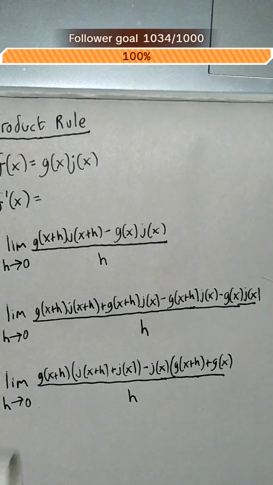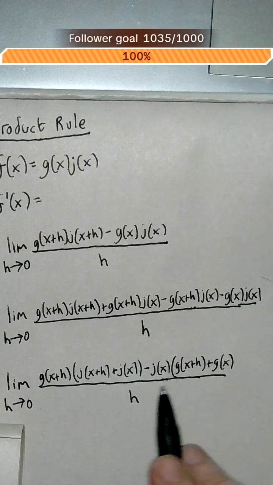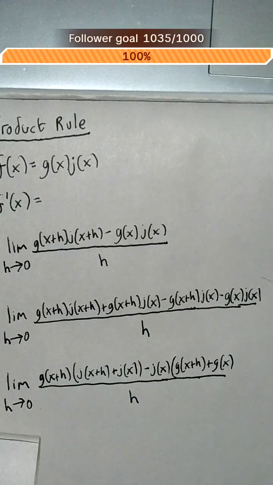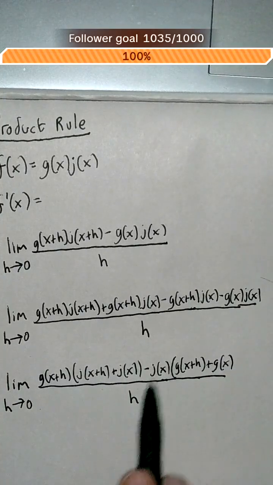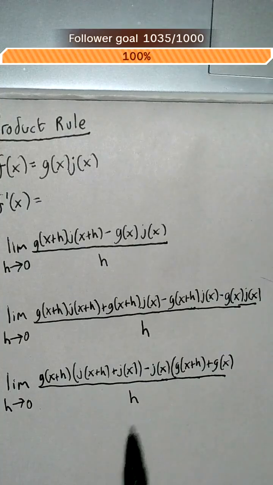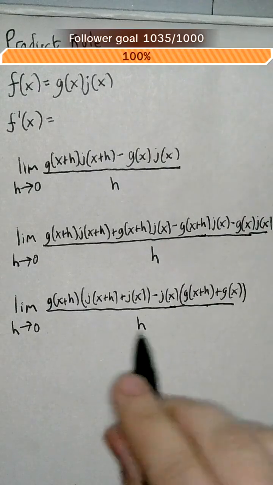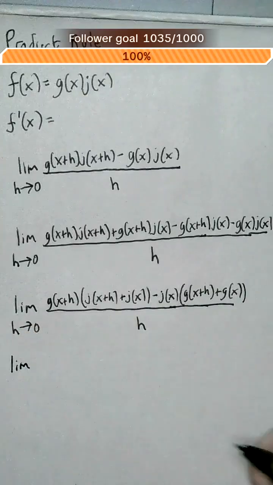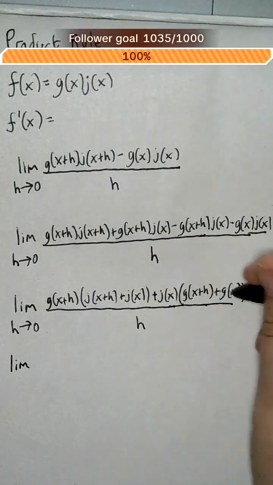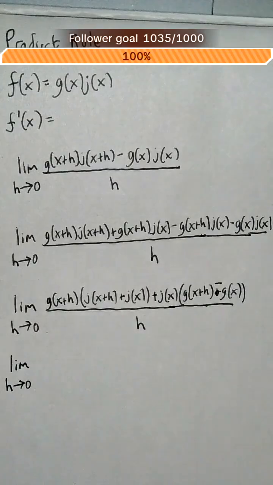So then, from here, what I can actually do is I'm going to go ahead and split these two limits into two. Remember that if I'm subtracting two things over the same denominator, I can split this into two fractions. And then from there, because I can split that into two fractions, I can split this into two different limits. So I have limit, and actually I want to flip this sign and this sign. Limit as h approaches 0.